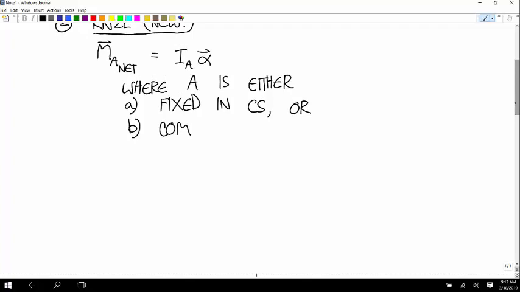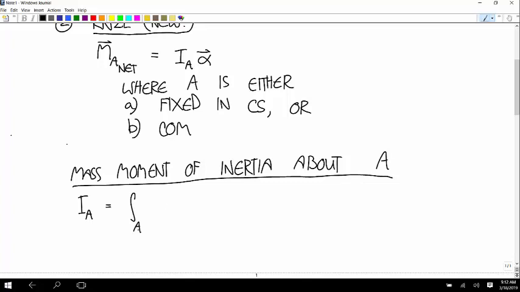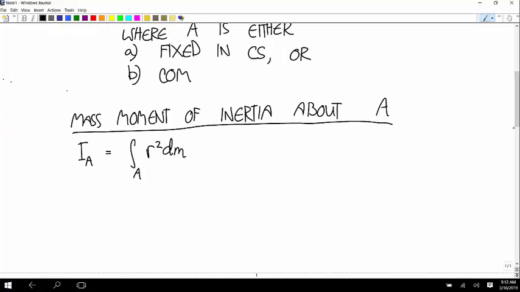And so the mass moment of inertia about point A has an integral definition. It's the integral over the whole area of r squared dm, where r is the distance from the point A to that infinitesimal mass. And we're not going to use that integral definition very often. We're mainly going to use these formulas.